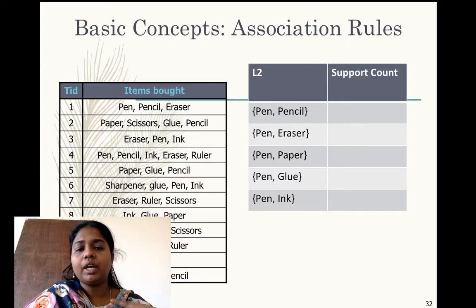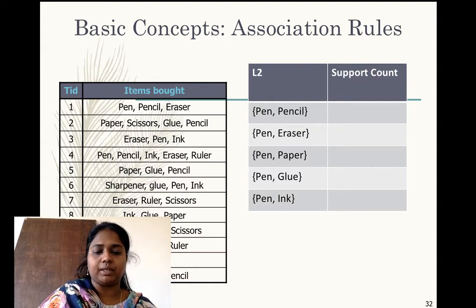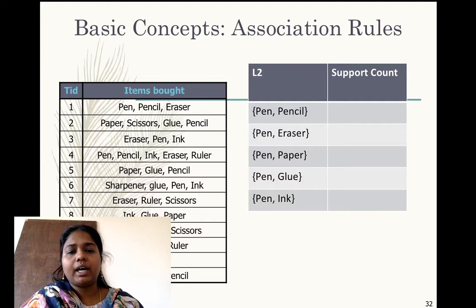Now count in how many transactions pen and eraser are present together. So we have transaction ID 1, transaction ID 3, 4, yeah, that gives me 3 transactions.